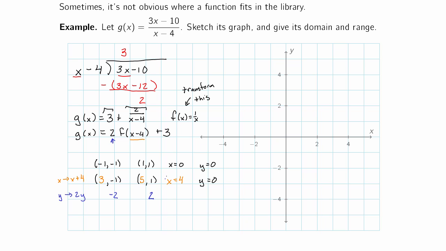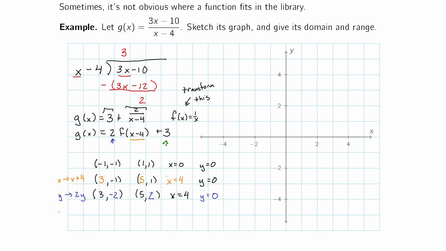We're not touching x's, so we're not going to touch x equals 4. And 0 times 2 is 0. So we still have y equals 0 here. And then we copy our x's. Our last transformation is this plus 3, which is a transformation upward by 3.